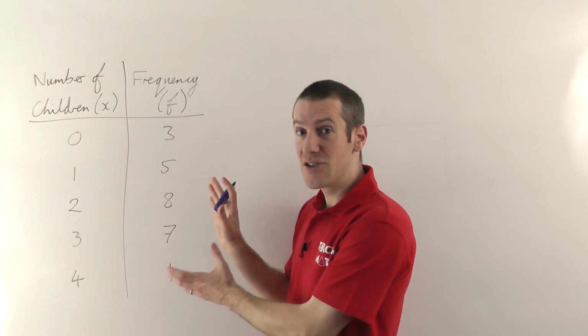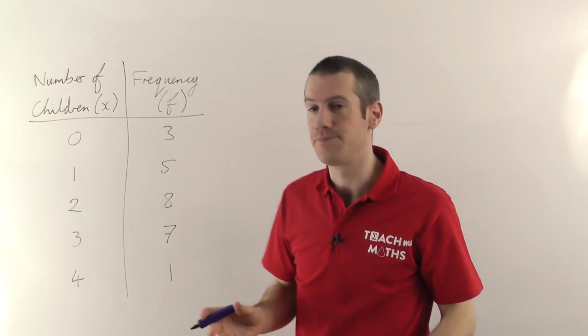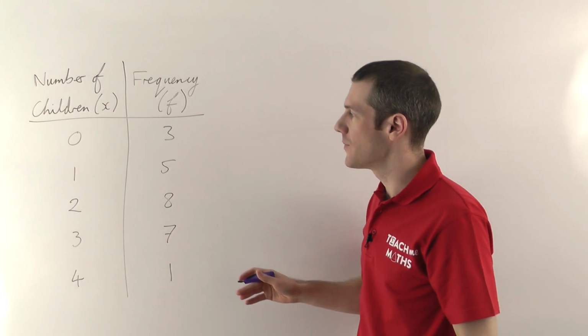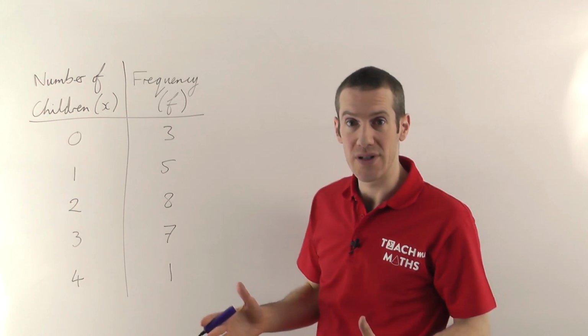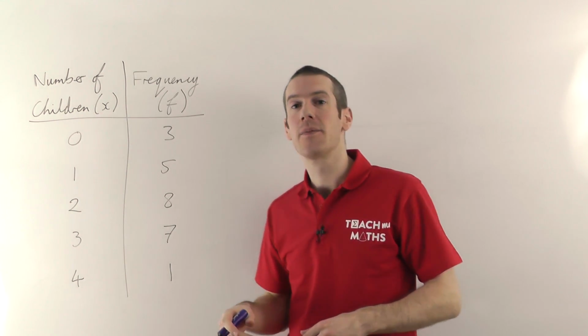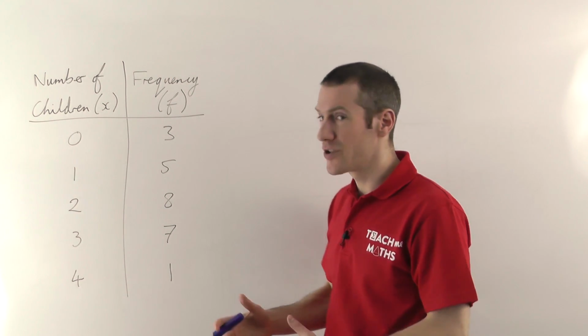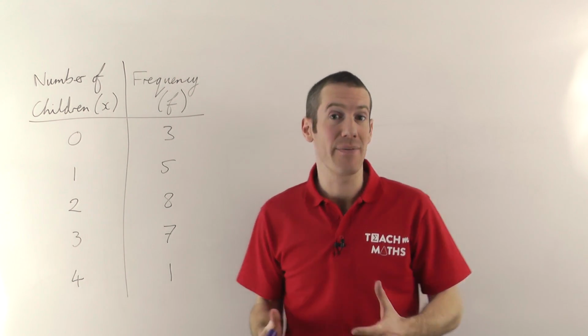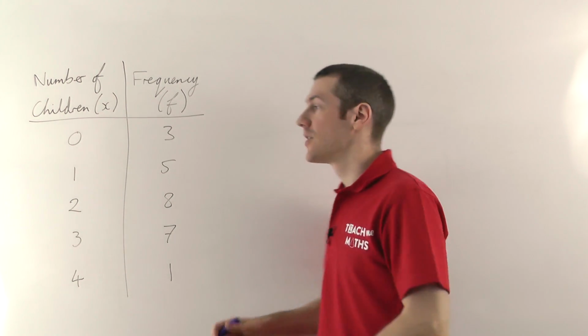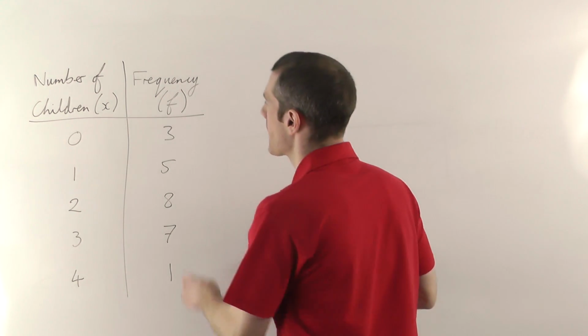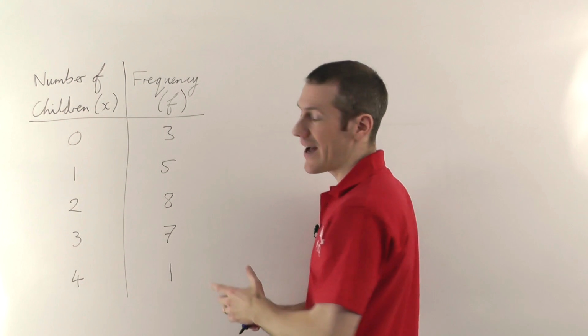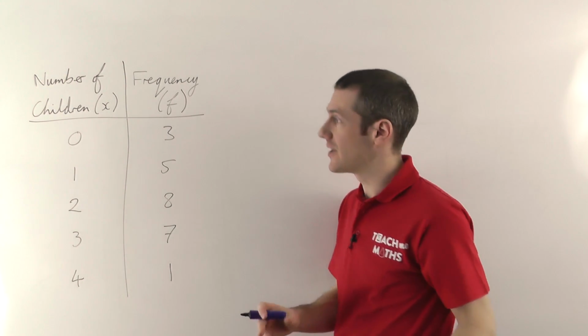Now it's actually quite easy to do this when you know how. But the first thing you have to do is to work out where the midpoint is. Using that formula that we just came up with, find out where the median would be in our long list of numbers. And in order to do that, we need to know how many numbers there are in the list. So if you remember from the mean video, the frequencies, if you add those up, tell you how many numbers there are in the list. Yeah?